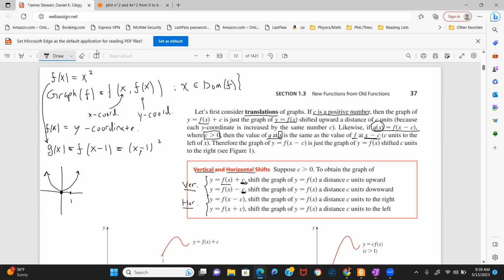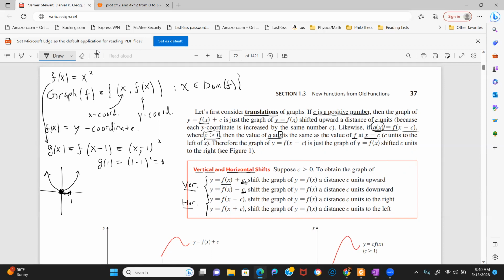So what that means is that this 0 point should shift over 1 unit. And that's exactly what you see. When you plug in g of 1, you get 1 minus 1 squared, which is equal to 0 squared. So in other words, this point right here, this x or y intercept, shifts over to this spot right here, 1 unit.